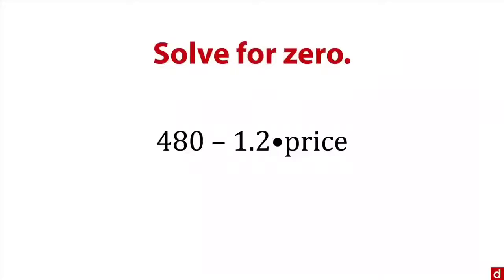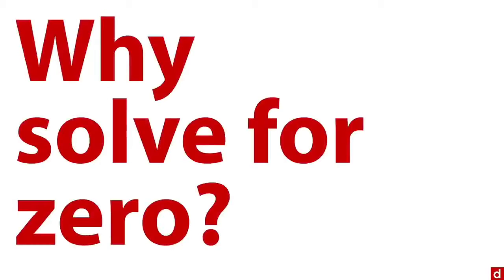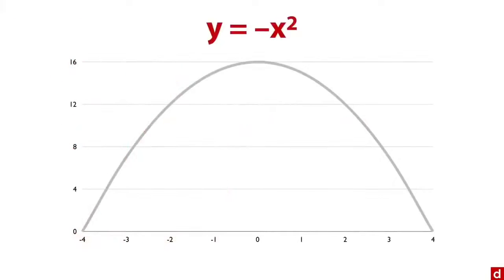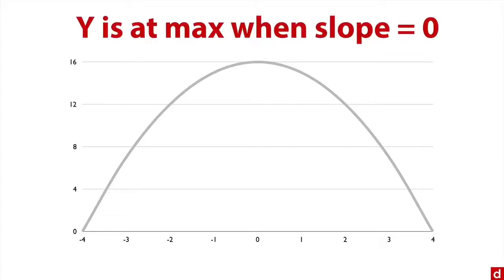And just in case you're wondering, why do we solve it for 0? Because that is going to give us the place where y is at a maximum. Now, we had a minus squared, so we have to invert the shape. And we're trying to look for this value right here when it's at the very tippy top of the curve, because that will indicate maximum revenue.